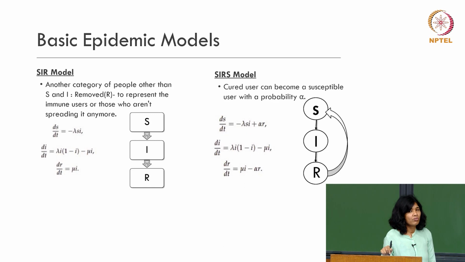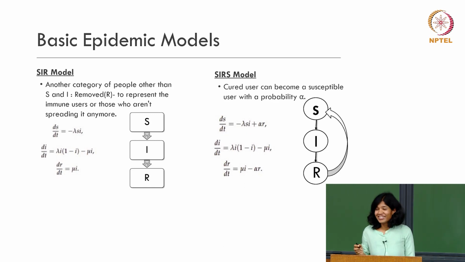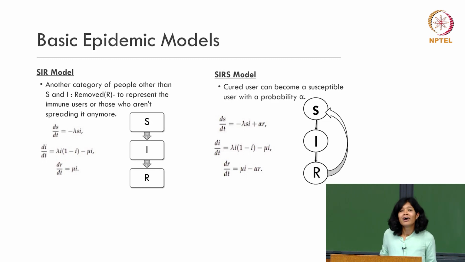Which category will COVID fall in? SIRS. Many people have got COVID once and recovered, but they are still susceptible to that disease. Once you recover from COVID, it is still possible that you get it again. So it comes in the SIRS. After recovery, you can again become susceptible.